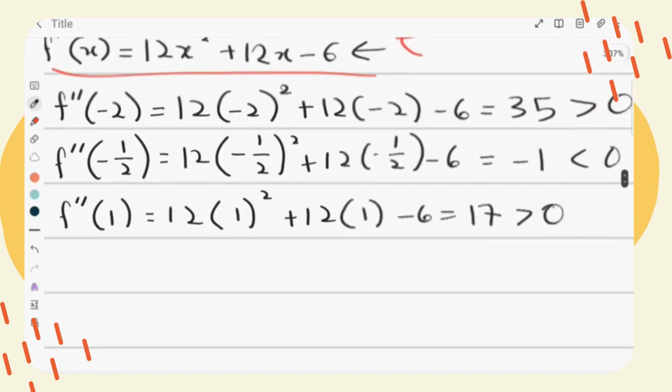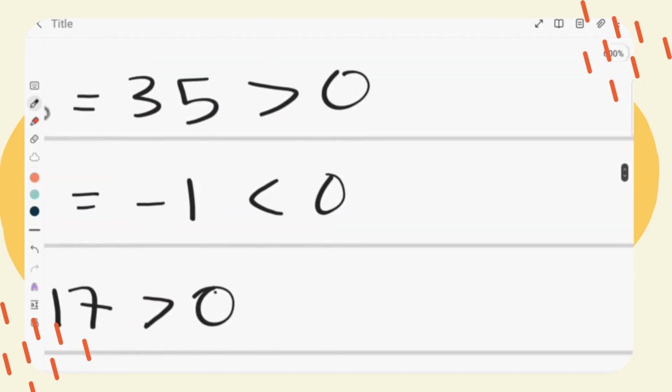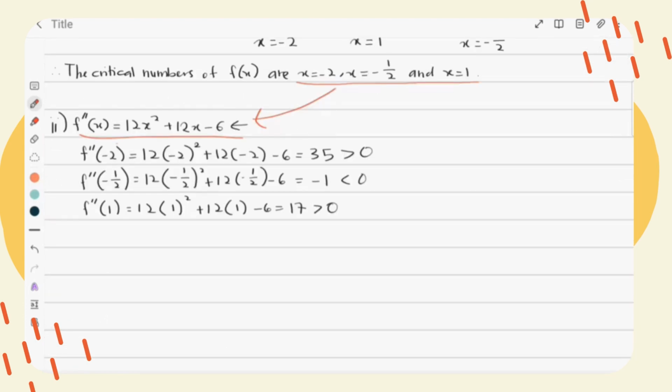Okay, so with this answer, we can conclude for negative 2 and 1, we get answers more than 0. When we get an answer more than 0, we know that it is a minimum point.